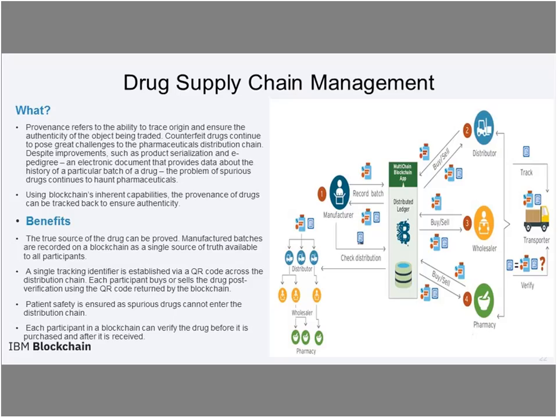In drug supply chain management, different business parties are involved. First of all, you have to identify the asset. The asset is the drug. Next, you have to identify the participants involved inside this drug supply chain. After that, you need to identify the transactions happening between different participants.